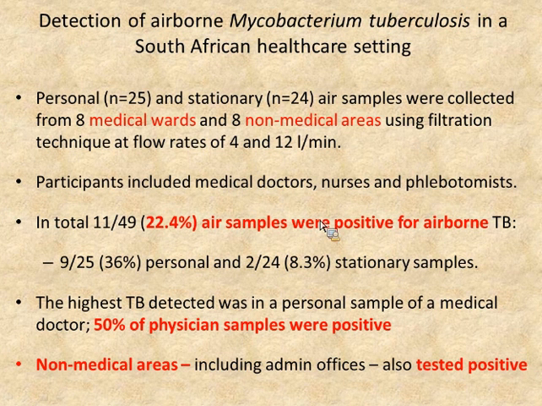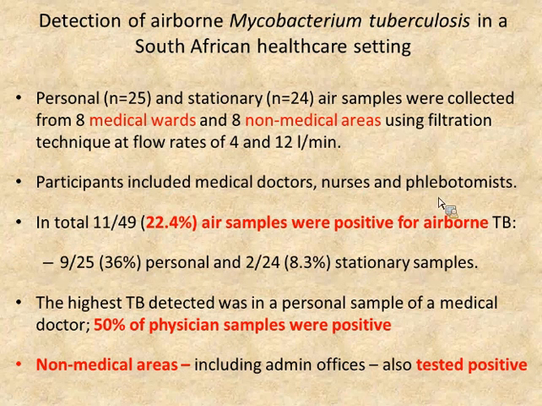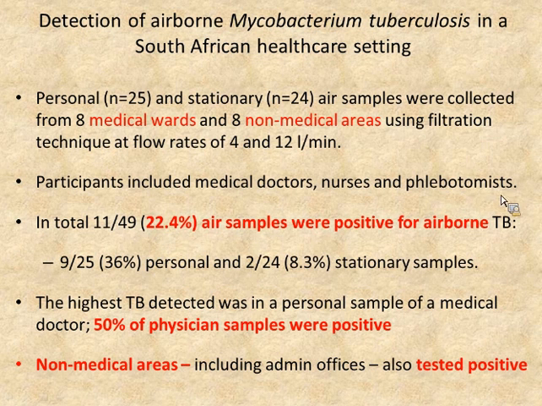And so we attached personal samplers to some doctors and nurses and phlebotomists, and found that 22% of the samples were positive for airborne TB, interestingly, not only in the medical areas, but also in non-medical areas, including admin offices. So it meant that people who walk in and out, either the courier or porters or cleaners or whatever, would be enough, even if the person whose office it is didn't have TB.